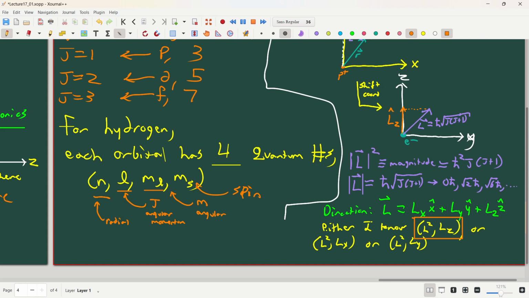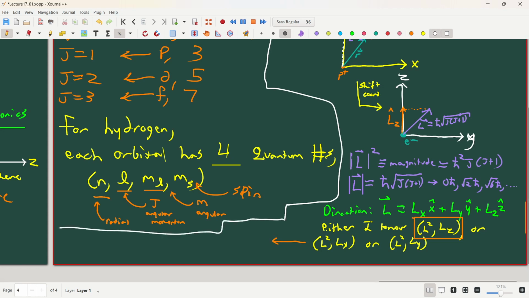So then we have to ask the question, when we measure Lz, what do we get? I'll put it over here, in a little box at the bottom. This is my last point for the day, and then we'll be done.